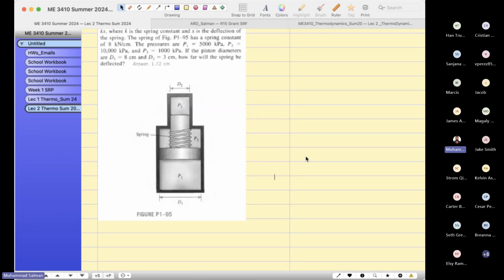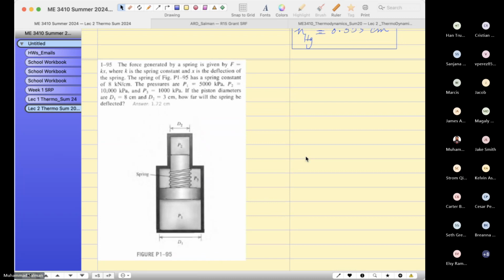Now, in this case, the question states that the force generated by the spring is given by F equals kx. So the spring is exerting force on the piston, and the fluid inside the container under the piston head is pushing the piston upward.